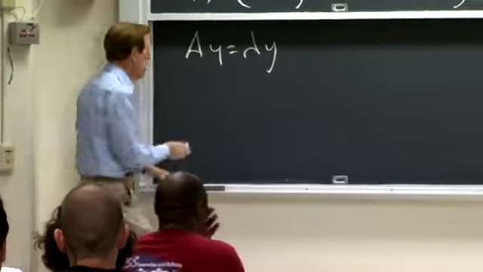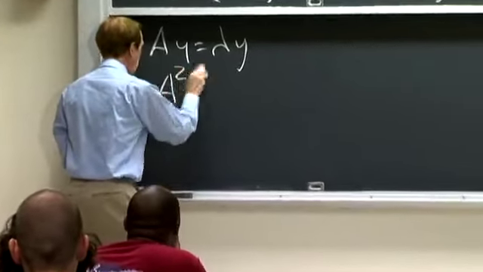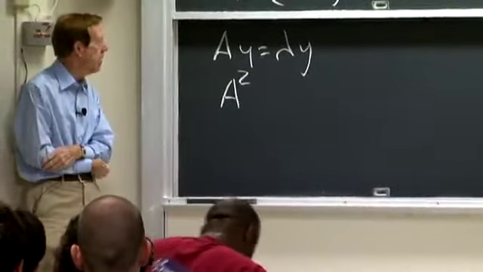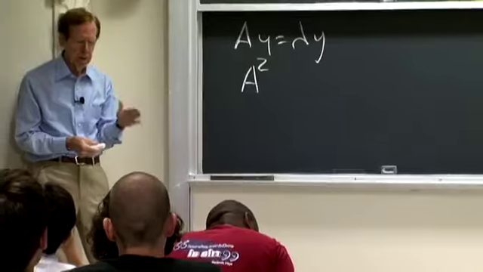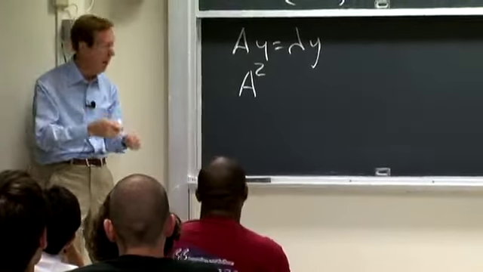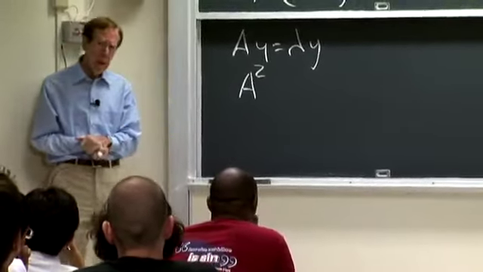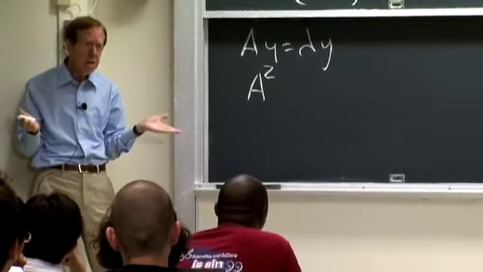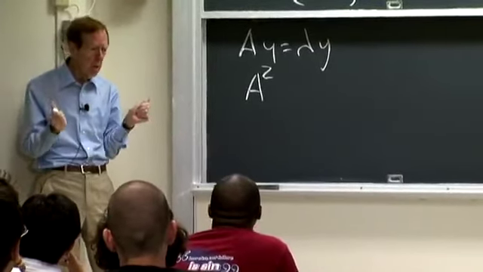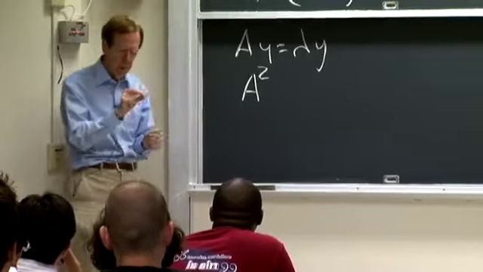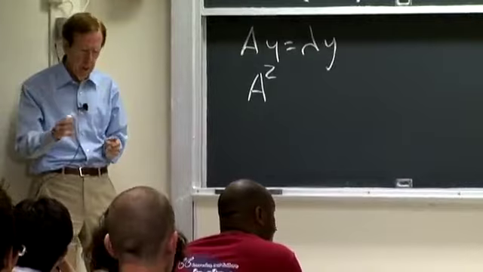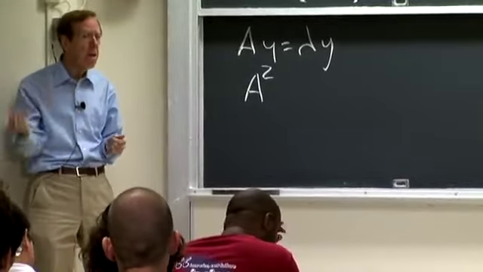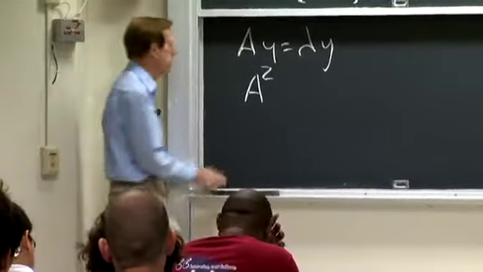So tell me an eigenvector of A squared. I'm looking for a vector that doesn't change direction when I multiply twice by A. You're going to tell me it's y. Y will work. If I multiply once by A, I get lambda times y. When I multiply again by A, I get lambda squared times y.